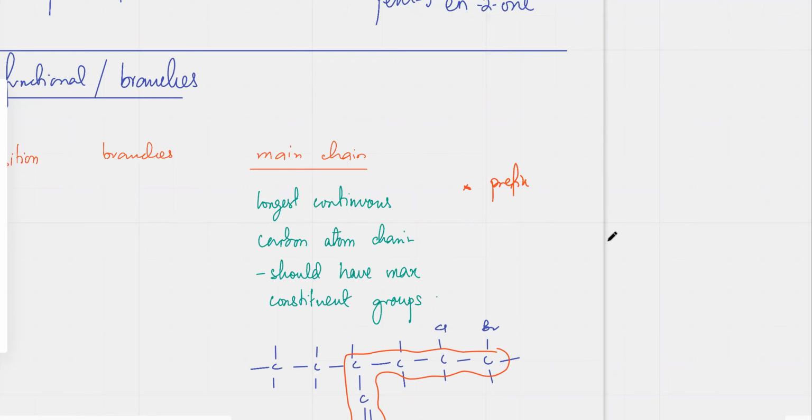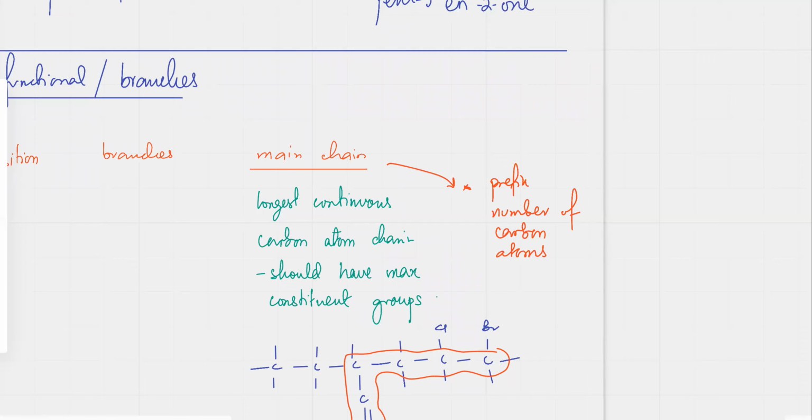So the prefix is your number of carbon atoms. Now the issue is who decides the suffix? If you've got multiple functional groups, then how is the suffix decided?